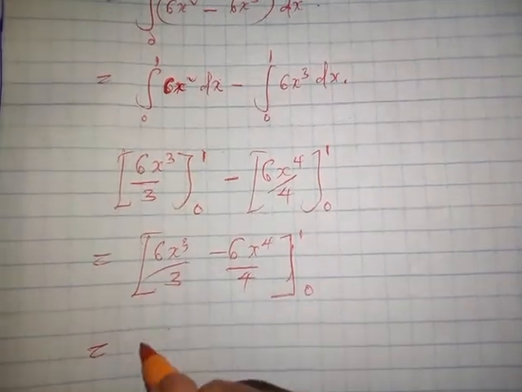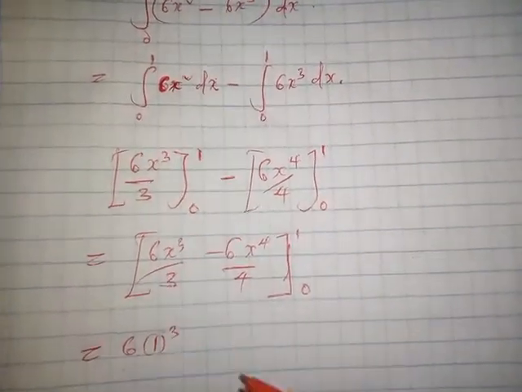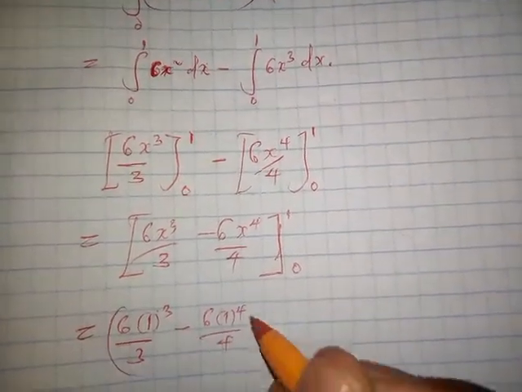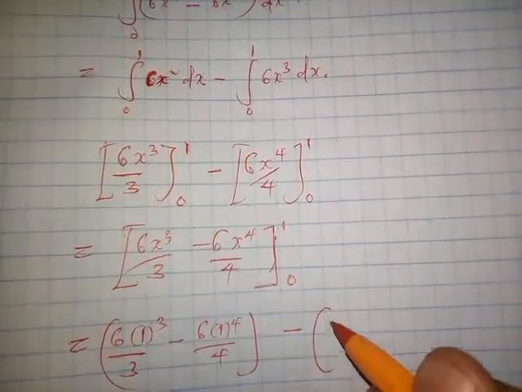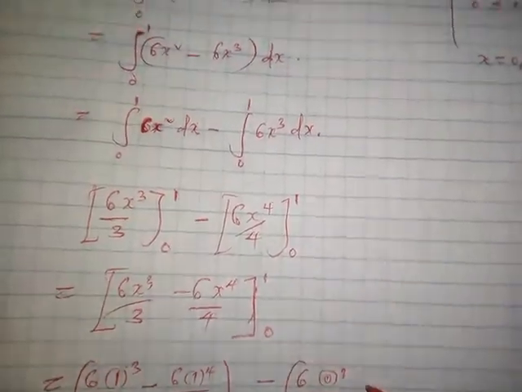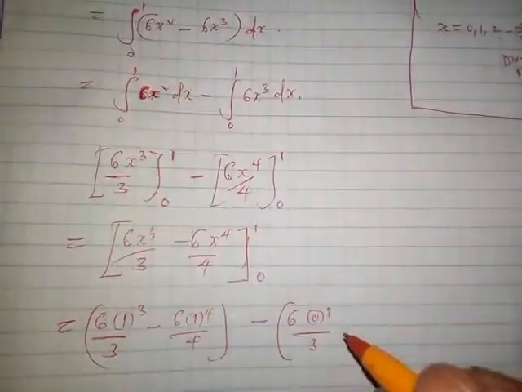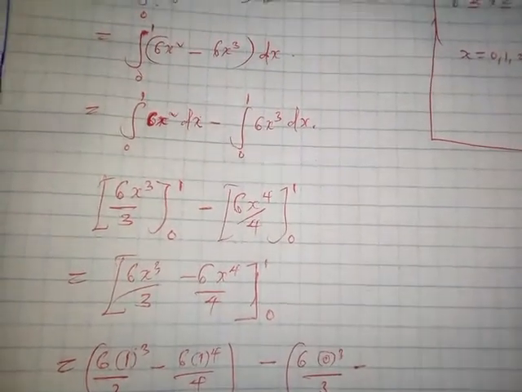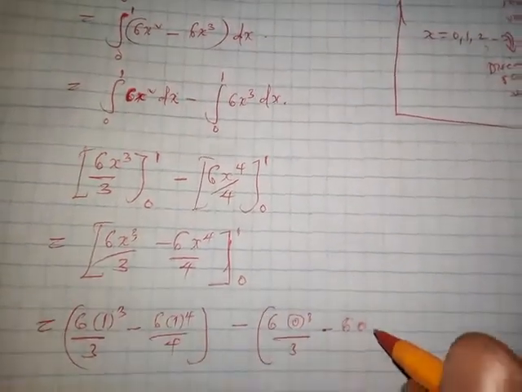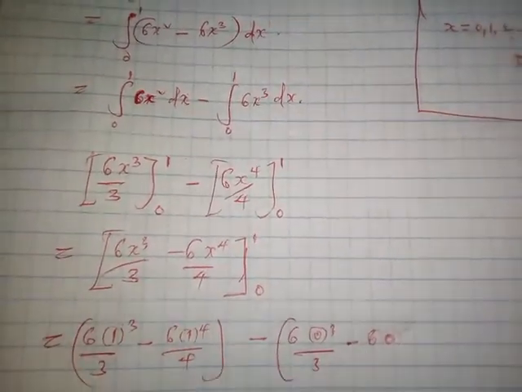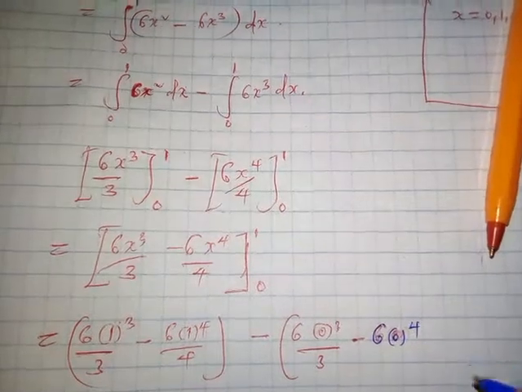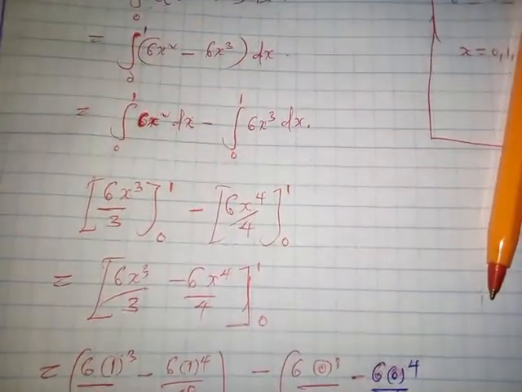We have 6 times 1 cubed over 3 minus 6 times 1 to the 4 over 4, minus 6 times 0 cubed over 3 minus 6 times 0 to the 4 over 4.